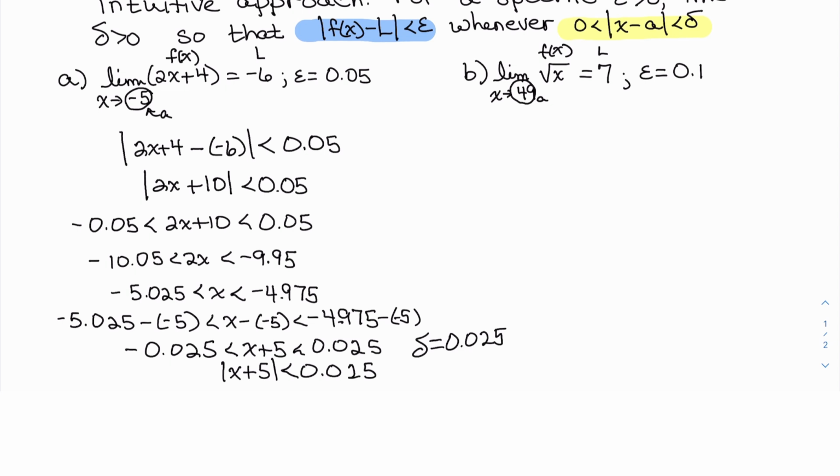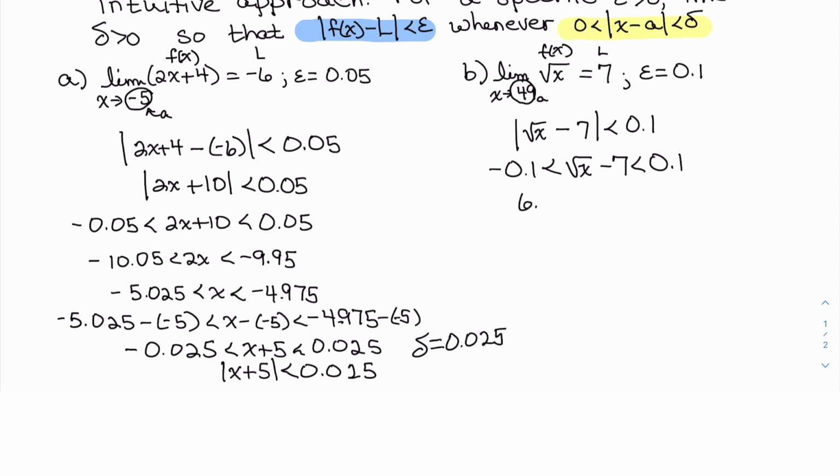So I start with the absolute value of f of x, that's square root of x, minus the L, so minus 7, and that less than epsilon, so less than 0.1. Rewrite it without the absolute value, so I have negative 0.1 is less than the square root of x minus 7 is less than 0.1. Add the 7 to all three parts.